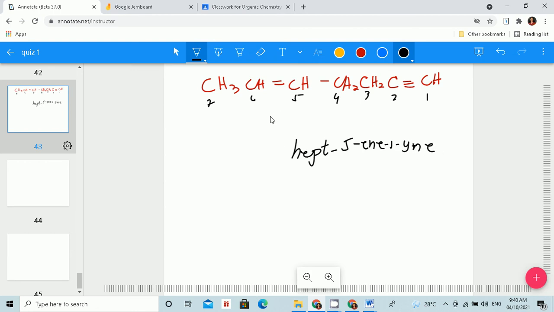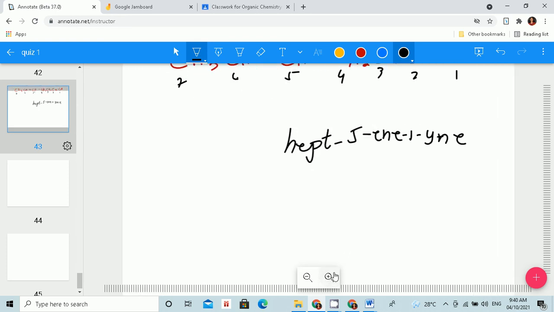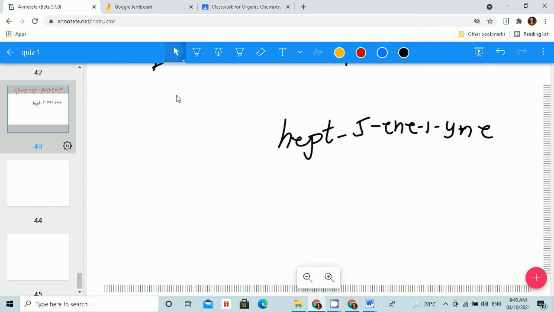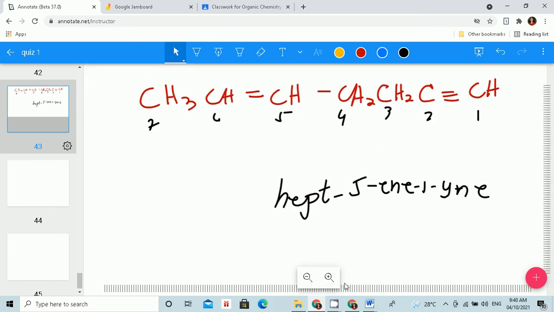Okay. So that is hept-5-yn-1-ene, hept-5-yne-1-ene. So this is our IUPAC name for this.